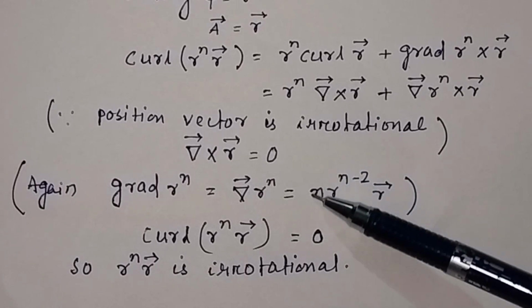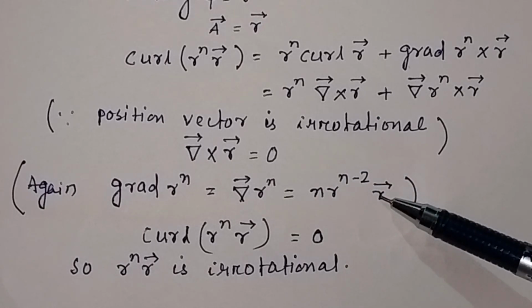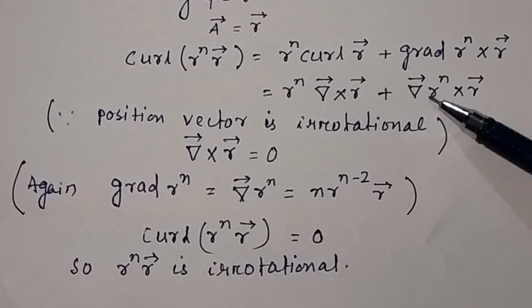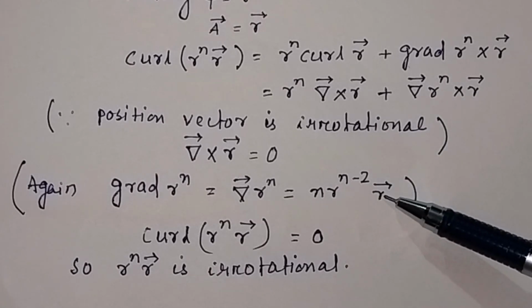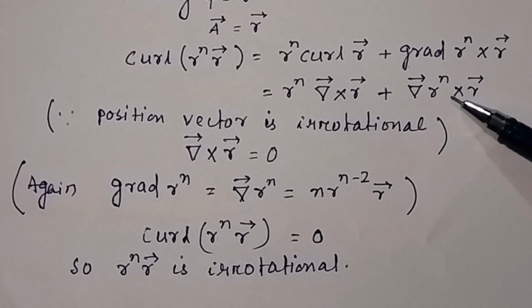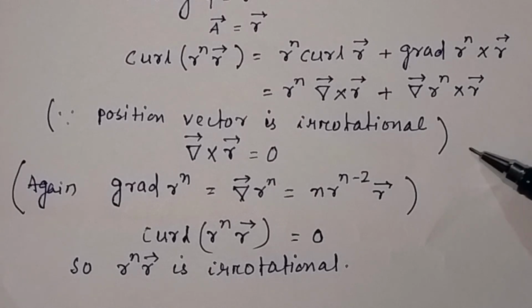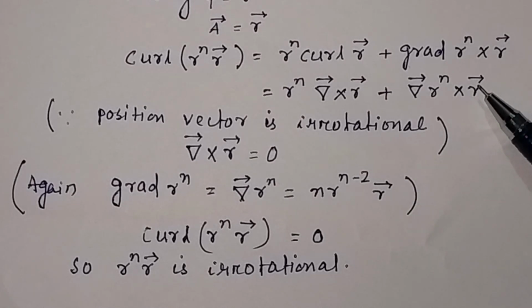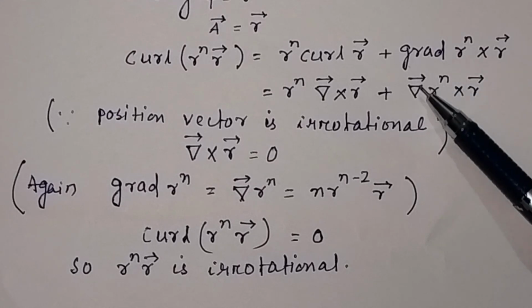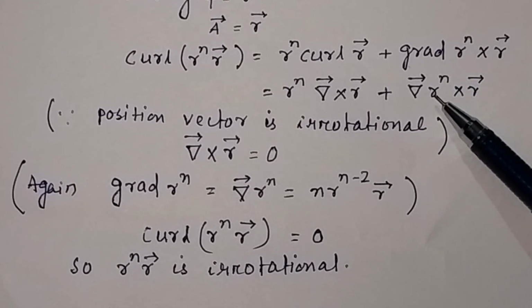We have proved it in the previous video. So if you take gradient of r to the power n equal to n r to the power n minus 2 into r vector, then you have r cross r, and we know the cross product of any vector with itself is equal to 0. So this second term will also be equal to 0.